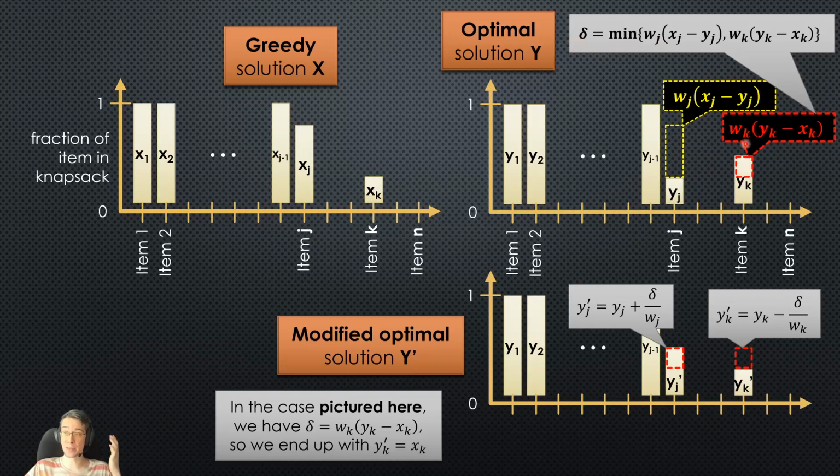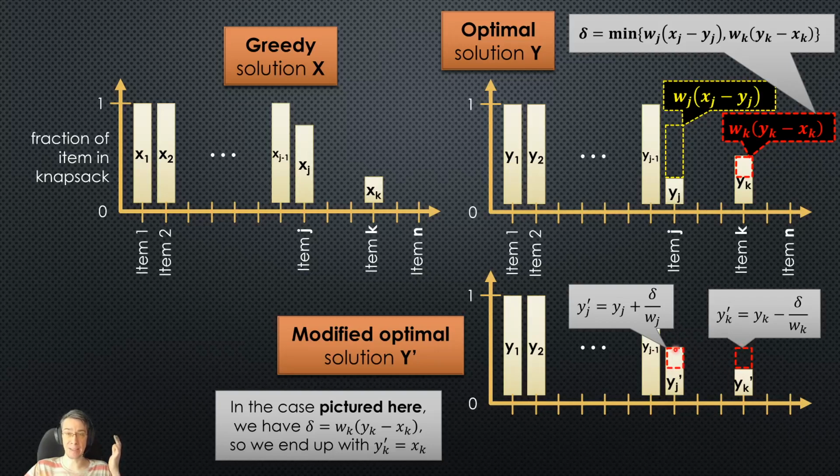It'll be the lighter of those two weights for the item, wj times this and wk times this. So suppose that this is indeed the delta, wk times yk minus xk. That's what I've pictured here, where the red box is what we're subtracting to get yk prime and adding to get yj prime.